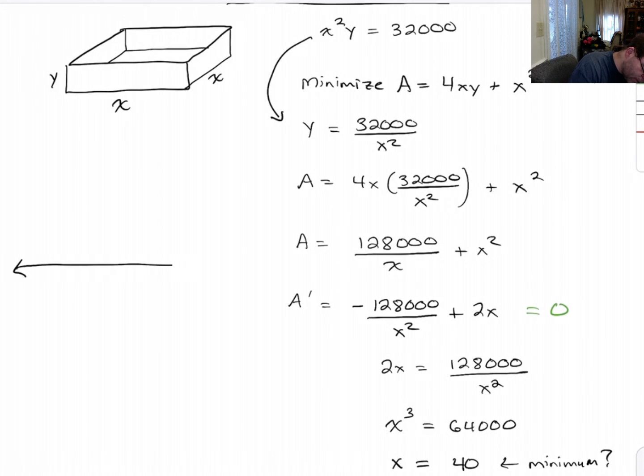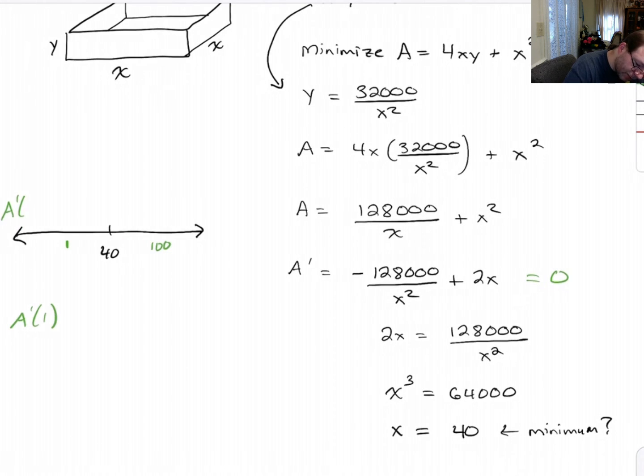So is 40 a minimum? Well, let's pick some numbers on both sides. Let's pick 1 and let's pick 100. So if I do A prime of 1, where's my A prime? Here it is.